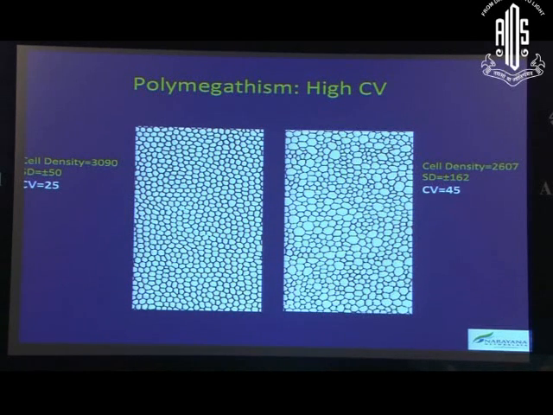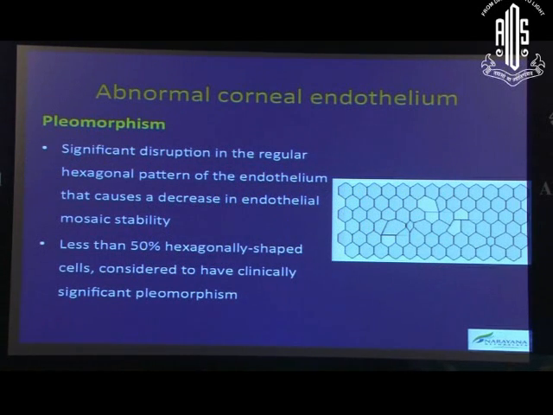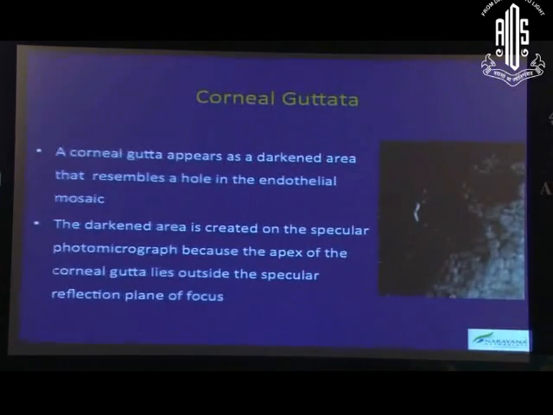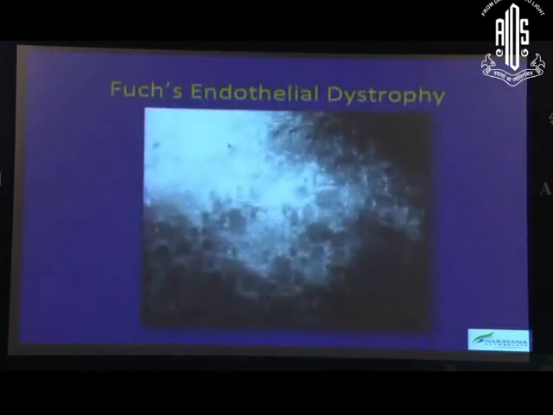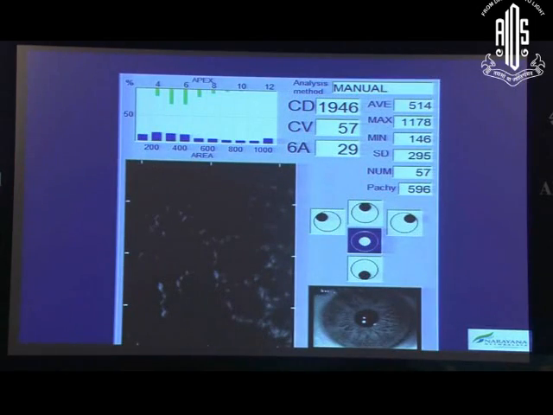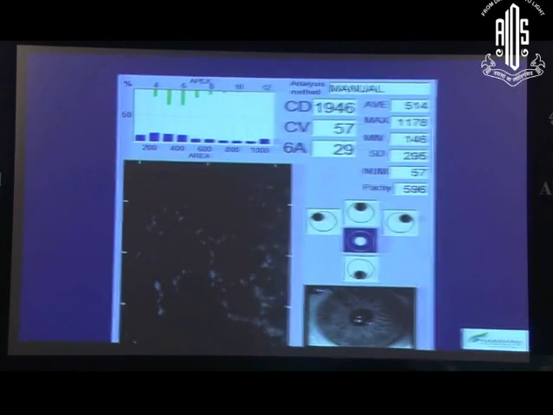Look how nice the cells are, and the next picture has so much variation. So we are dealing with polymegathism. Pleomorphism: most of the cells would be hexagonal, but if you see them in different shapes, we call it pleomorphism. Also, you see guttae on the endothelium in case of Fuchs endothelial dystrophy, which can probably be recognized here.